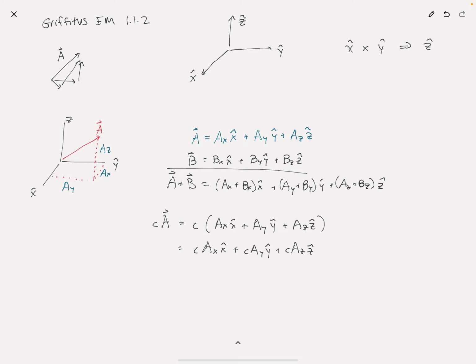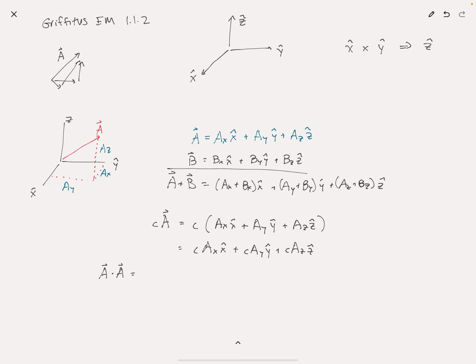Now we talked about dot products. We can then take the dot product. Let's go ahead and take the dot product of a vector with itself. That is A dot A, and now instead of describing A dot A as the magnitude of A times the magnitude of A times the cosine of the angle between them, we're going to look at each component specifically.